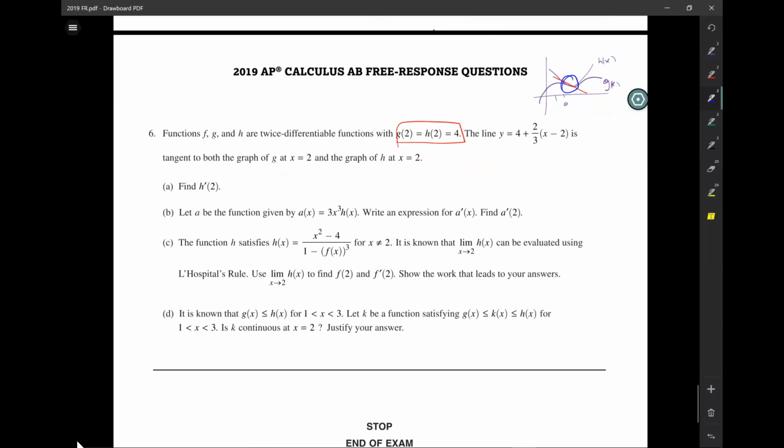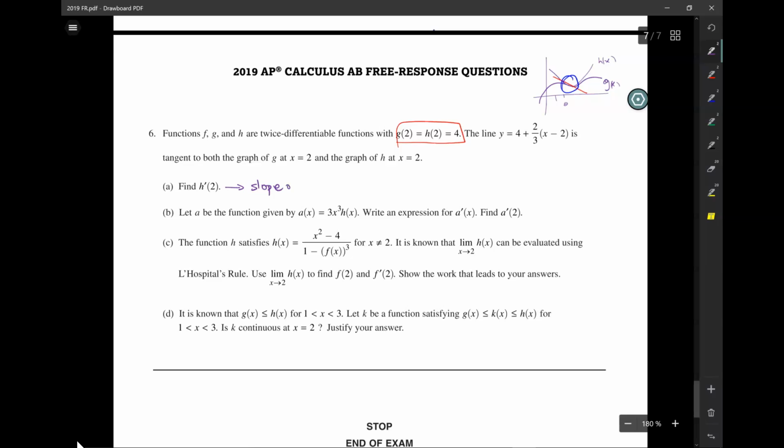Find h prime of 2. What is derivative? Derivative is slope of the tangent line. What is the tangent line? Y. Okay, so this is the slope. This is why when I teach derivative, I say you have to say derivative is slope, slope is derivative, slope of the tangent line, derivative is slope of the tangent line.